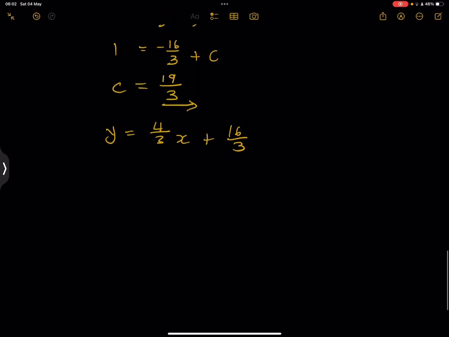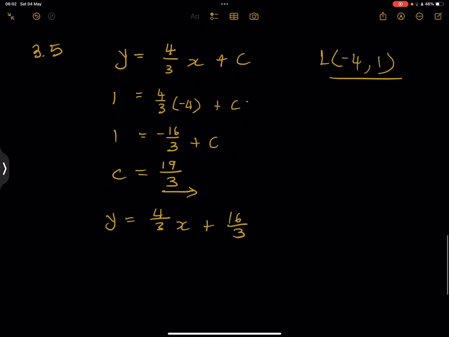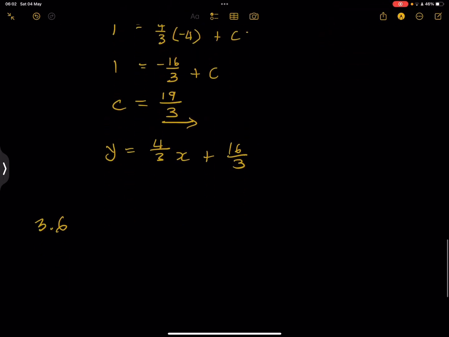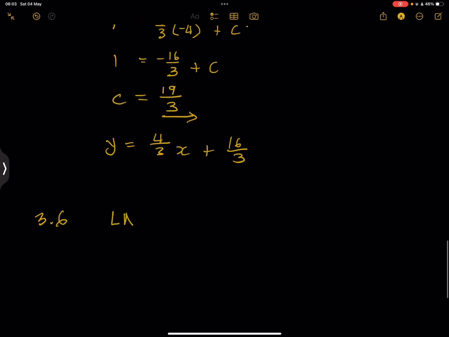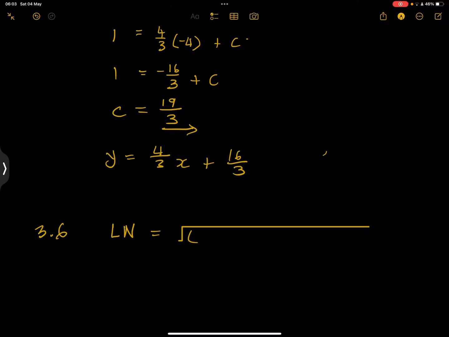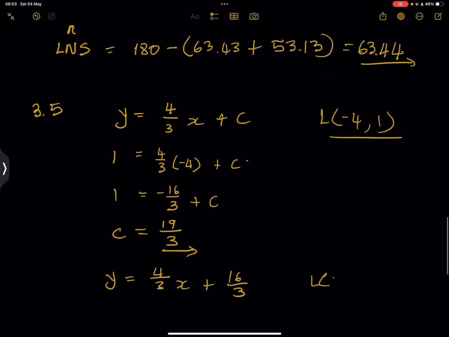Okay, so firstly, for our 3.6, I'm going to find the length LN. Remember that's x2. Remember our coordinates for L, that's 4, -4 and 1, right?